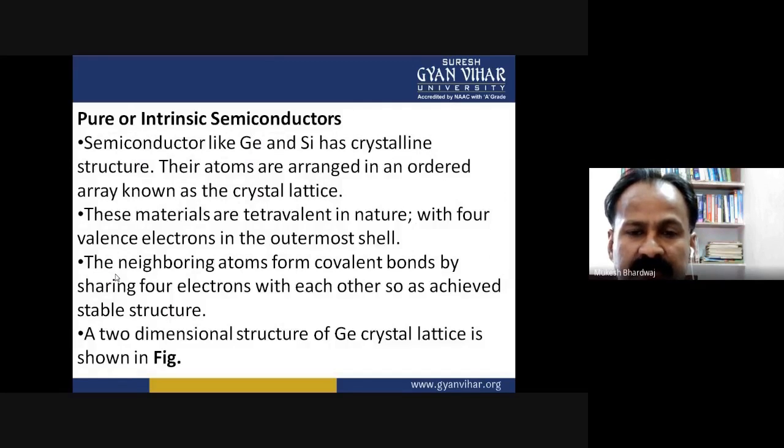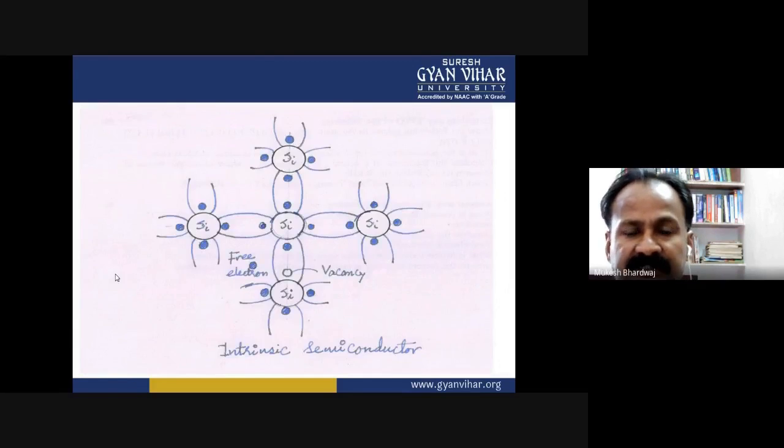So, instead of germanium, I'm showing the lattice structure of silicon. All the silicon atoms in a crystal lattice, or in the ordered form, are arranged like this. Every silicon atom is bonded to its neighbor silicon atom.